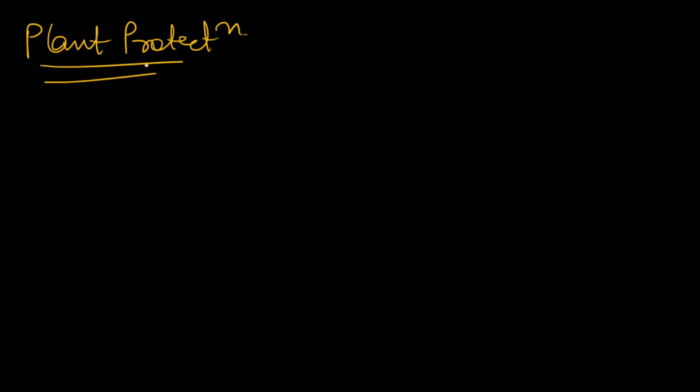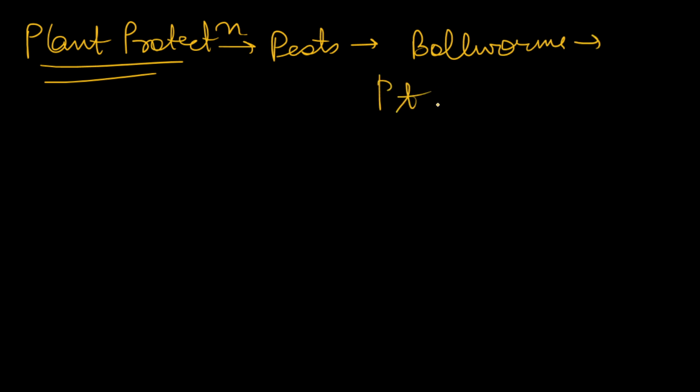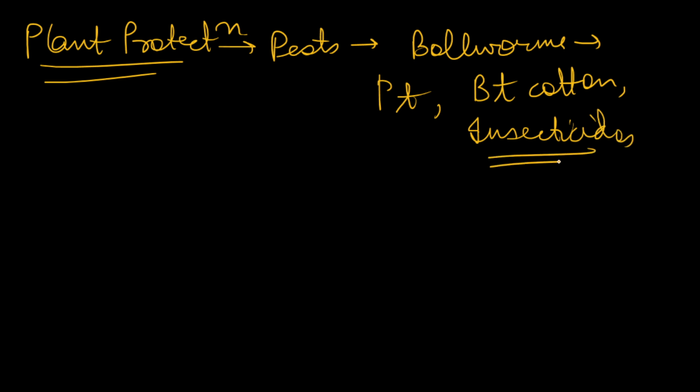Next we have plant protection. There are various pests which affect cotton, for example bollworms. For management we can use pheromone traps, BT cotton, and obviously insecticides or pesticides can be used to kill bollworm.